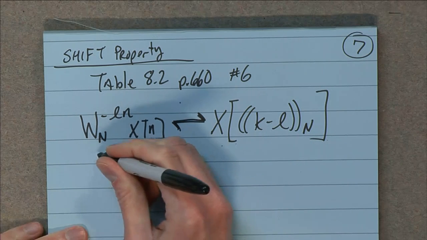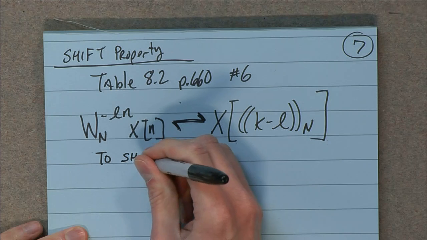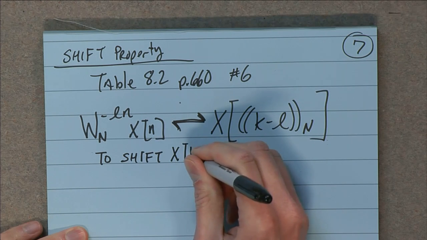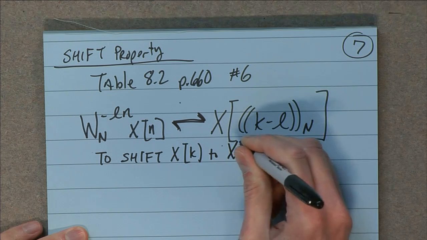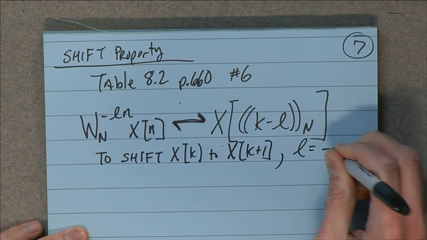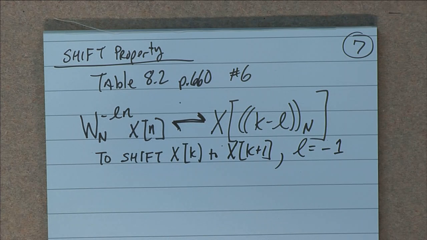So what do we want to do? To shift X of k to X of k plus 1, we'll let L equal minus 1.